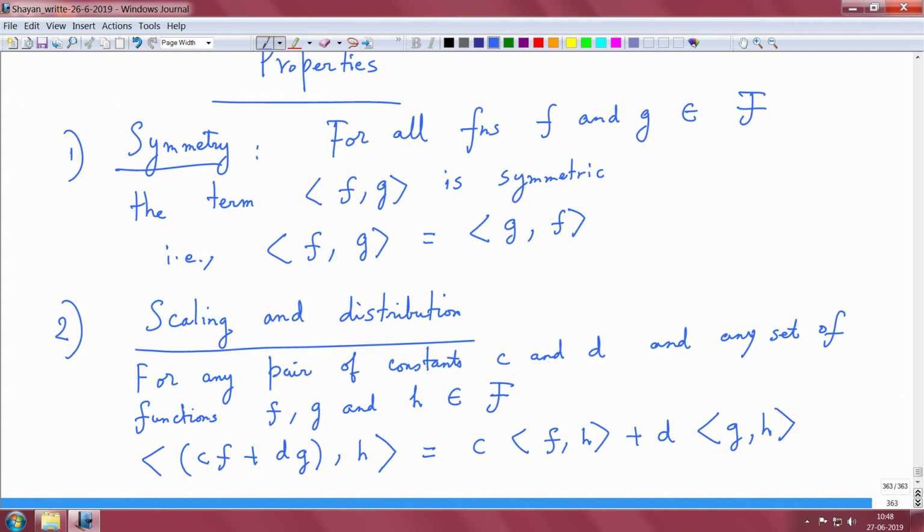But I think what you have to be savvy about is, if you think about a normal inner product space in terms of vectors, if I give you two vectors x and y, the inner product between x and y is basically x transpose y, which is the same as y transpose x, right.